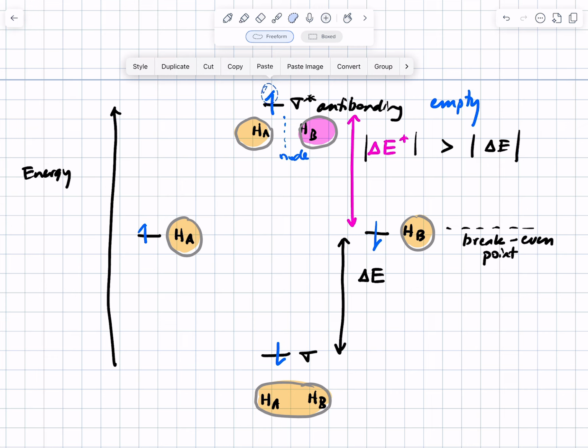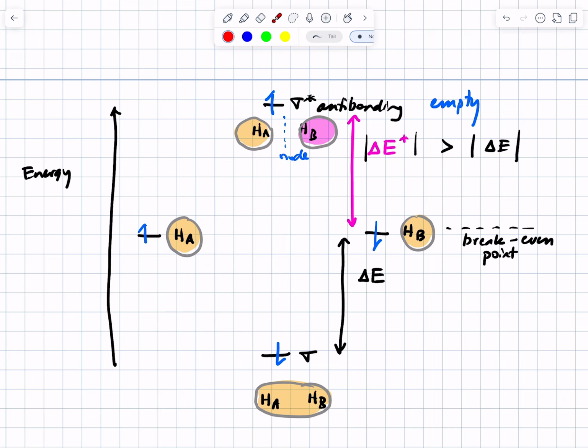Would the covalent bond break? Yeah, the bond's going to break because now you are worse off on average than you would have been had the bond never existed. Your break-even point is what the energy looks like if the bond never existed. If this one up here is higher in energy than this one is below, then the benefit of the bond is gone and the molecule flies apart.